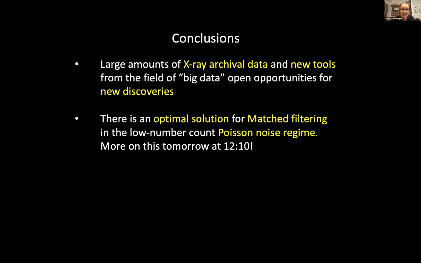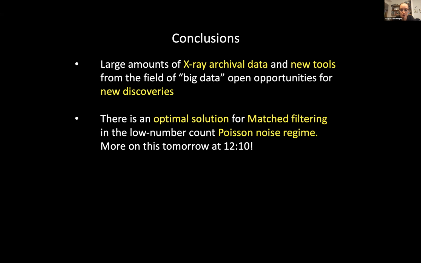And I will end with 2 points in conclusion. I rushed a bit. So the largest and largest amount of archival data offers new opportunities to perform blind searches and make new exciting discoveries, like the ones that were made in the last decades, especially in synergy with recent advances in the field of supercomputing and data mining.